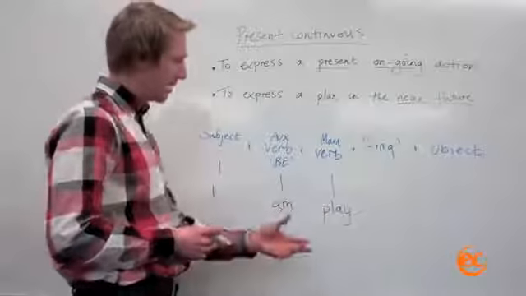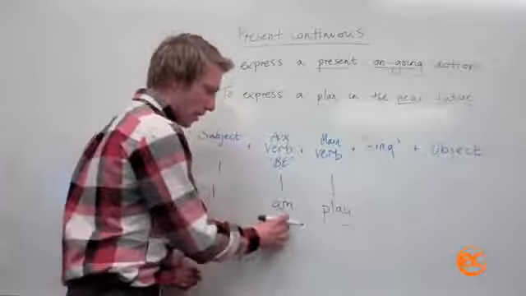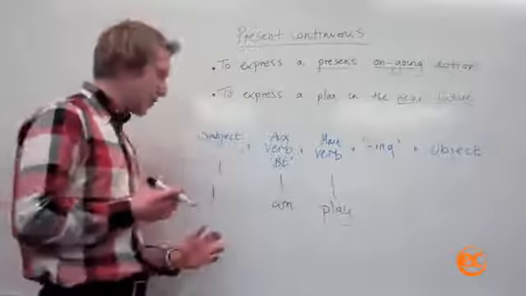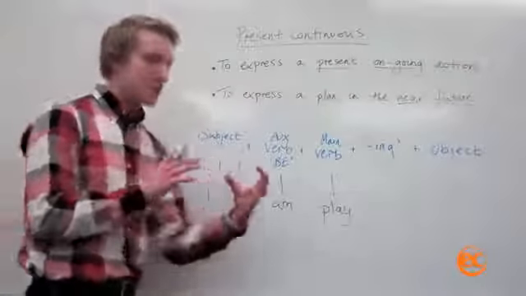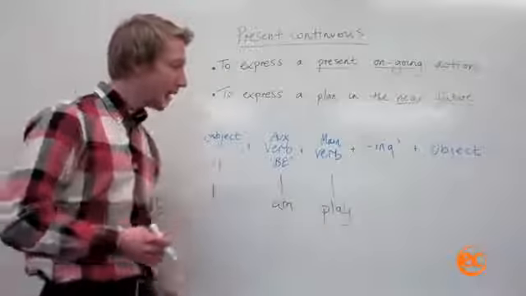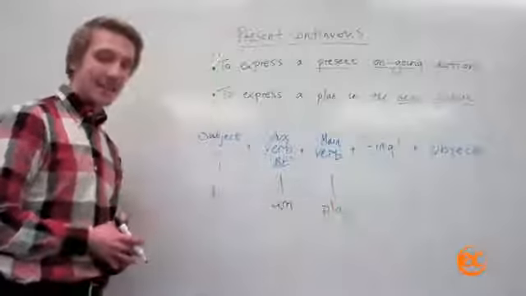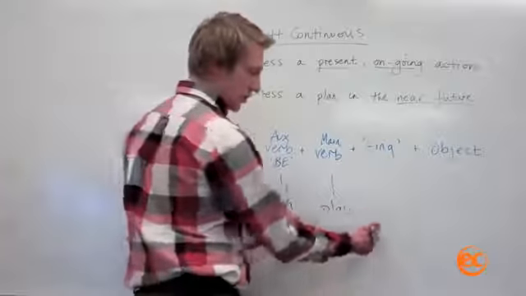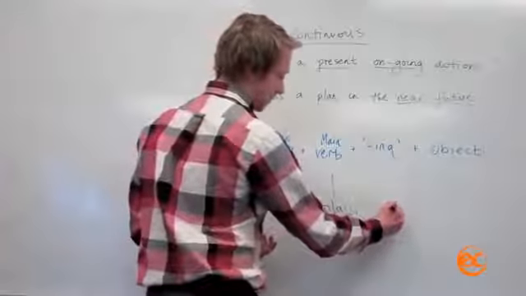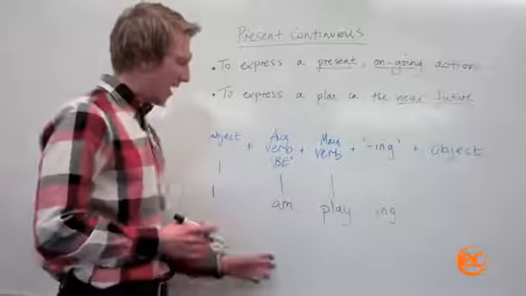Okay, I am play. Again, it's quite simple and structured. We might be familiar with this style of language, but we're going to expand it, remember? And we can do that by adding this ing suffix. Okay? So for now, we're just going to write ing here. I am playing.